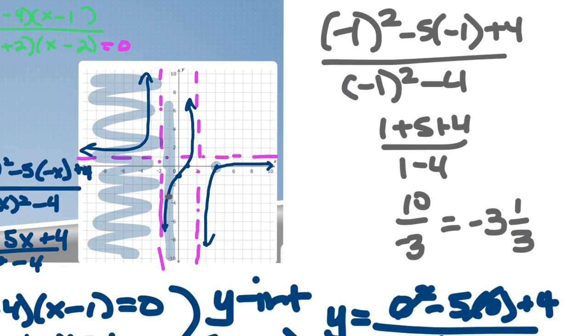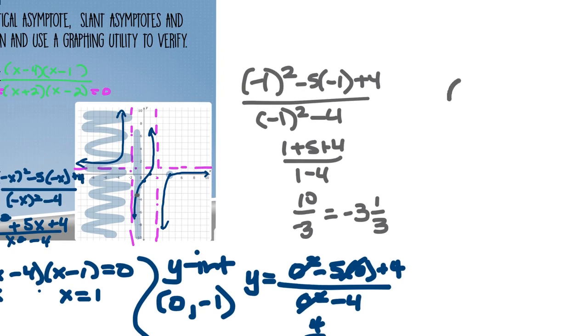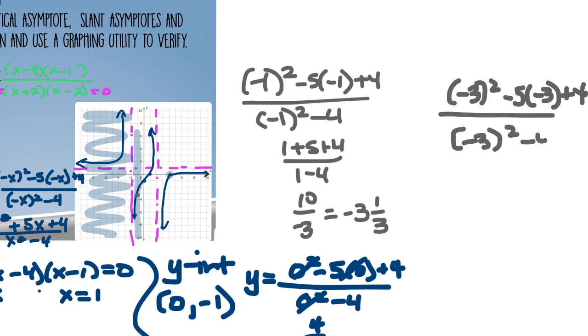And then I would plug in one more point from the left of my furthest left vertical asymptote to be sure that the curve that I assume is in the top is actually in the top. So I would plug in negative 3. Negative 3 squared minus 5 times negative 3 plus 4, over negative 3 squared minus 4. I get 9 plus 15 plus 4 over 9 minus 4.